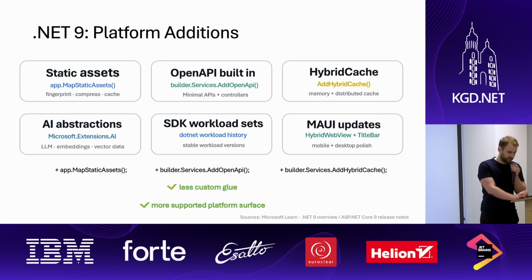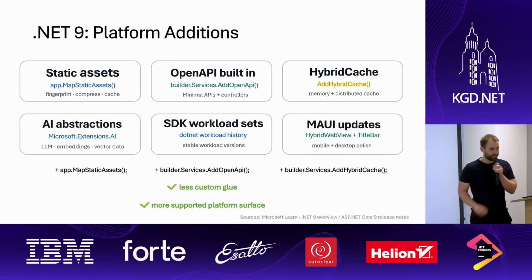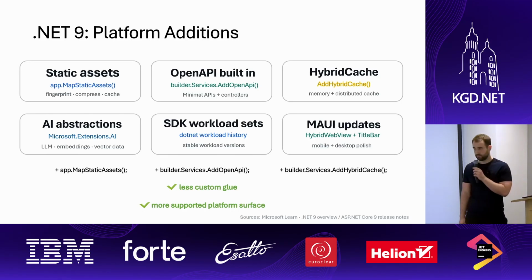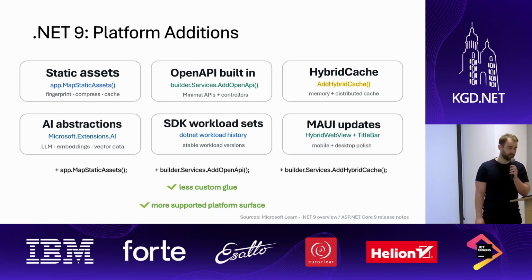Hybrid cache gave teams a standard abstraction over in-memory and distributed caching. Also a couple of features related to AI, SDK, and MAUI. So again, less custom, more supported platform surface.